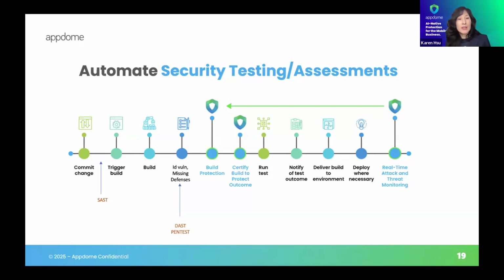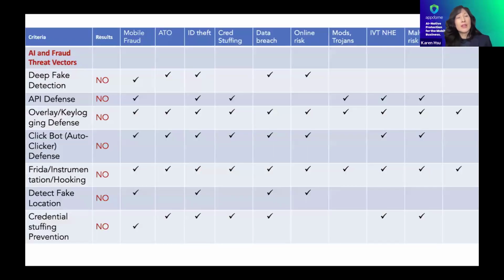And Appdome provides these different assessments, not as part of our business, but as a courtesy, upon request. And so you would see, as an example, as part of these pen test results, being able to see if the app had deepfake detection, or if the app could detect a fake location.